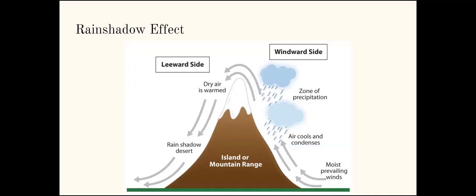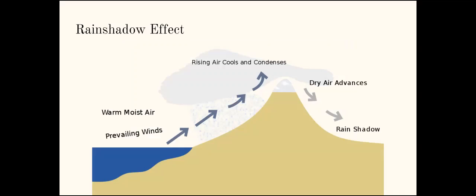And so what you'll see is this rain shadow, quote unquote, effect, where there's a lot of rain on one side of the mountain, but not a lot on the other side. So a city or a town that's over here next to the ocean will get a lot of precipitation. If an area is over here, it's not going to get as much.